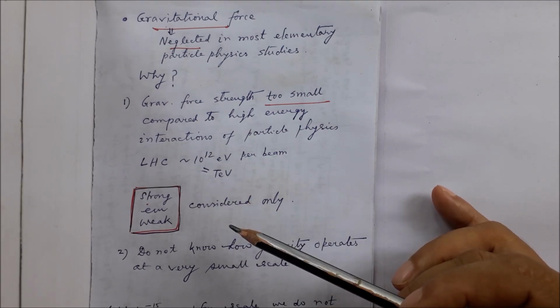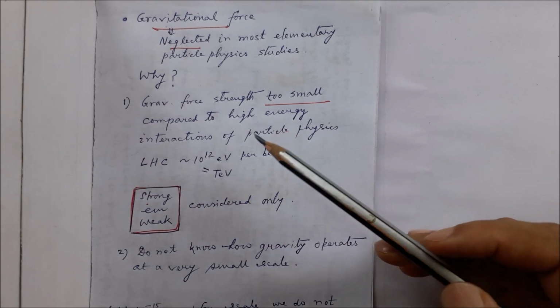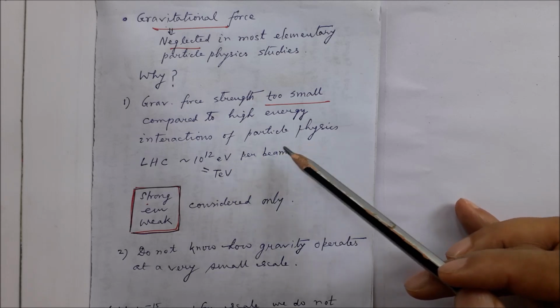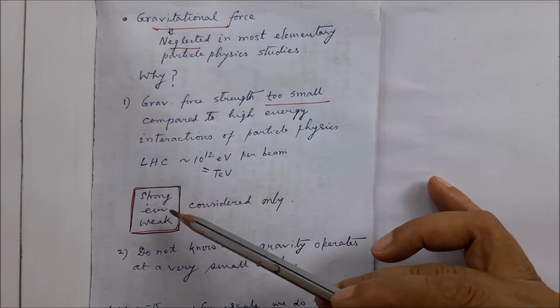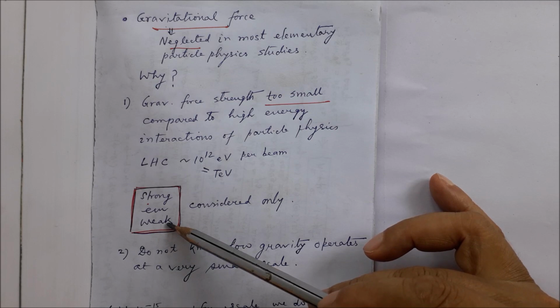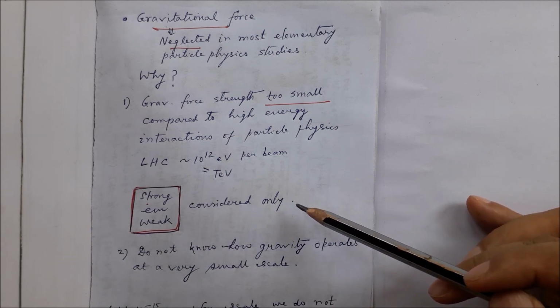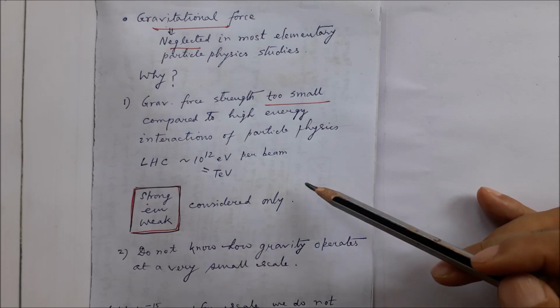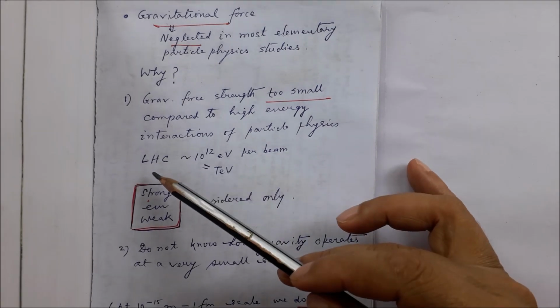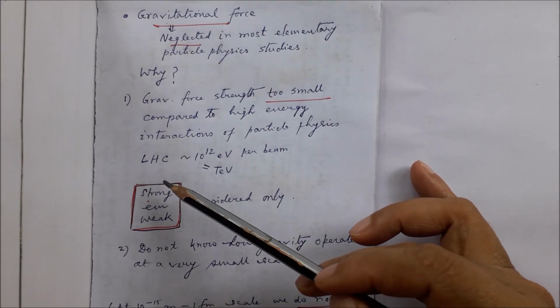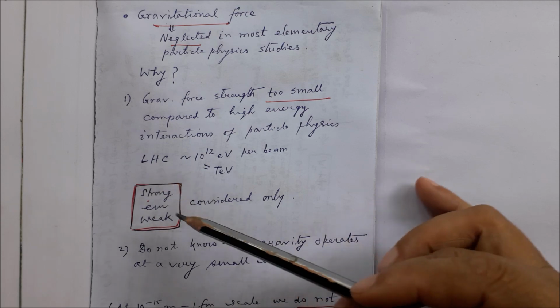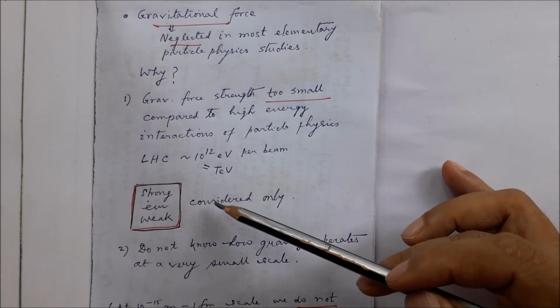So in regions, that is in interactions of particle physics, where strong, electromagnetic and weak interactions are active, gravitational interaction has no significant contribution. Also, in Large Hadron Collider, abbreviated as LHC, the energy is of a mammoth amount.